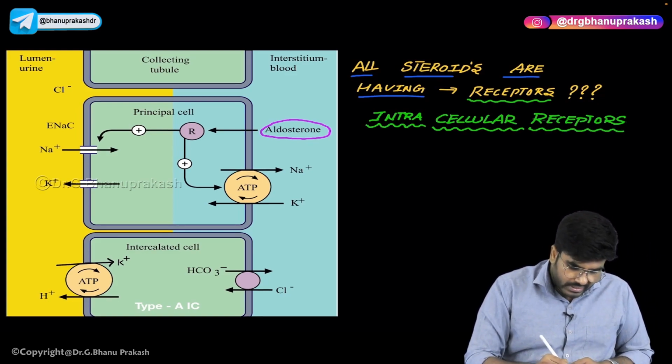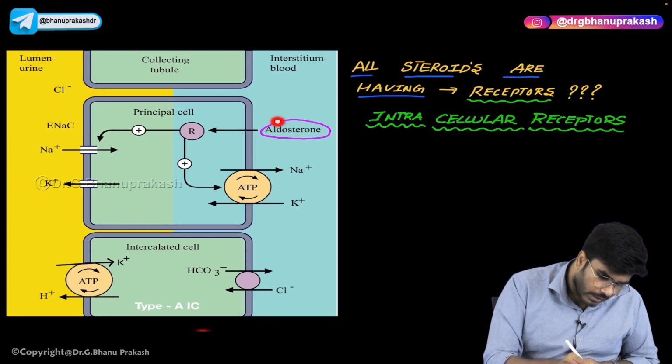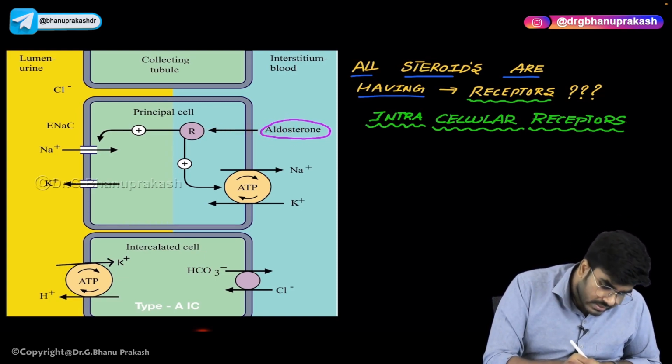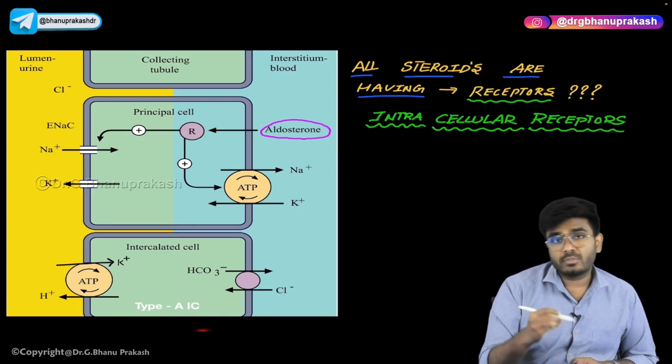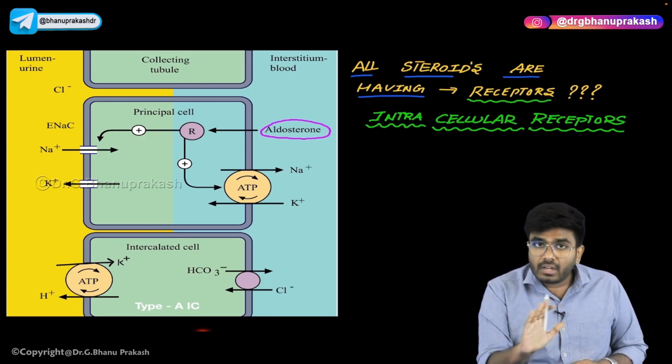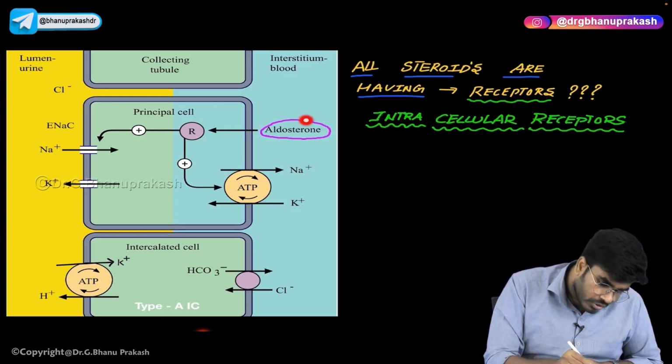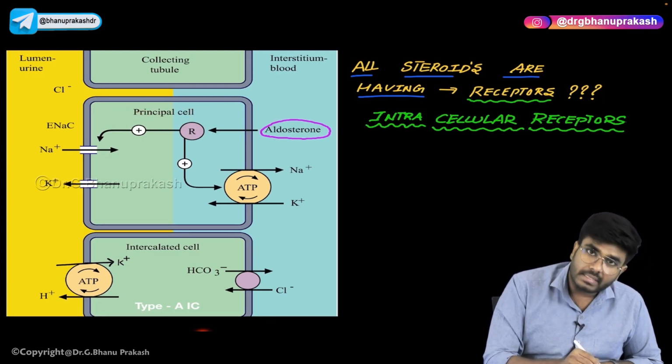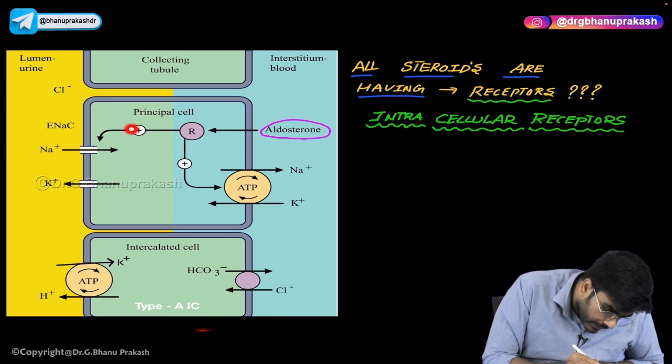Now, let us come back to our topic of discussion, aldosterone. It is a steroid, so it is coming into the cell. Inside the cell, it has its receptor, it is going to activate its receptor, it is going to activate certain genes, a cascade of events is going to happen, but at the end of the day, what is it doing? When aldosterone is acting on the principal cell, it is helping in sodium reabsorption.